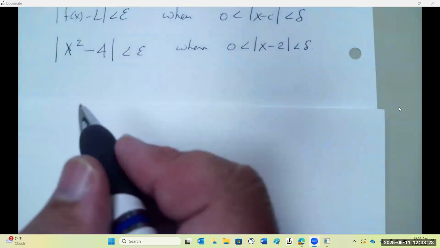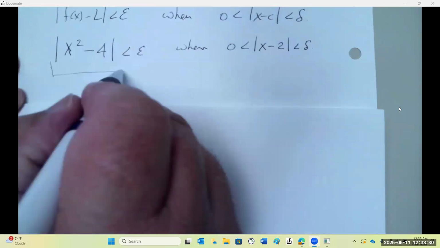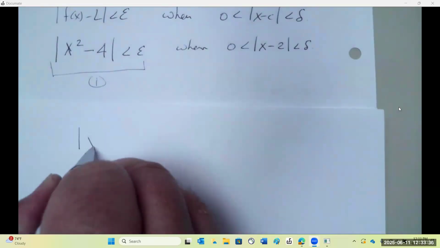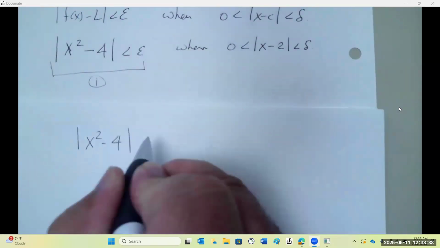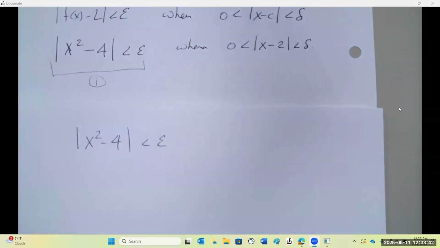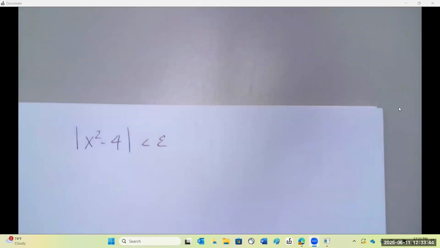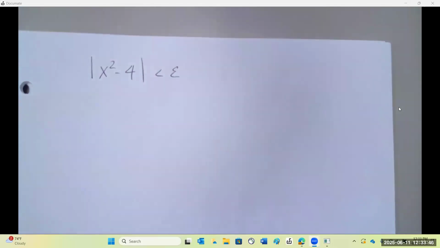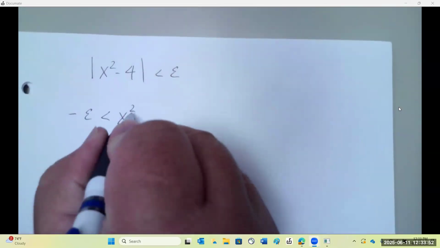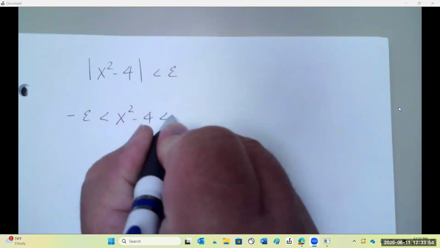So what we do is the left side. Remember, we always have to first start off with this one. That's our first step. So we have |x squared minus 4| is less than epsilon. Drop the absolute value, so that becomes negative epsilon is less than x squared minus 4 is less than epsilon.